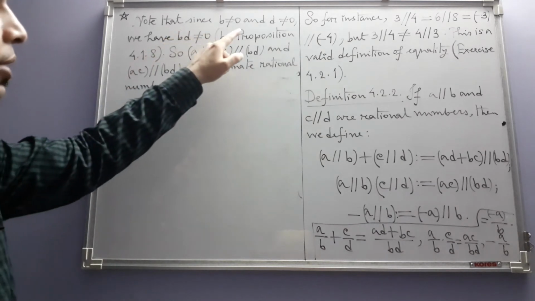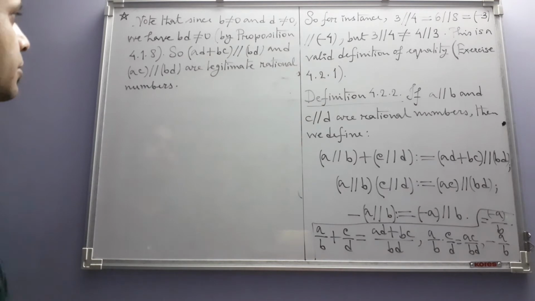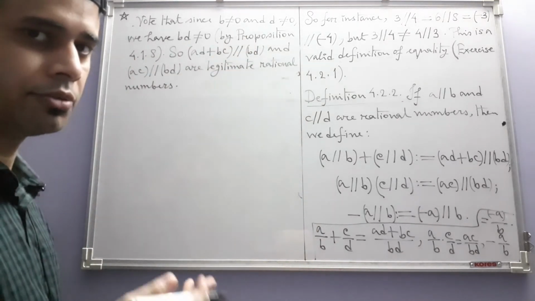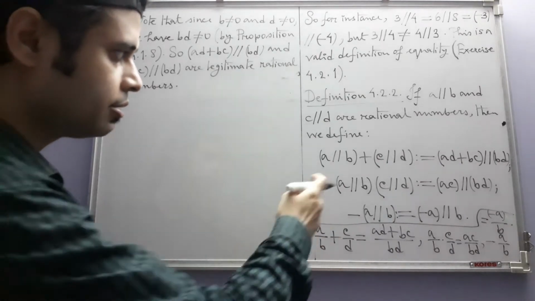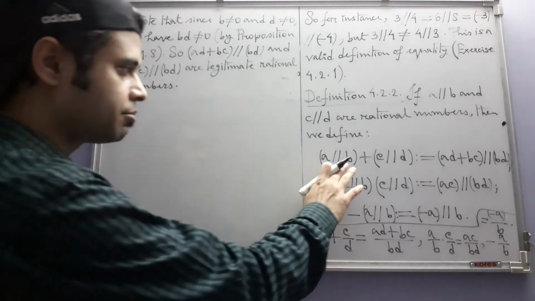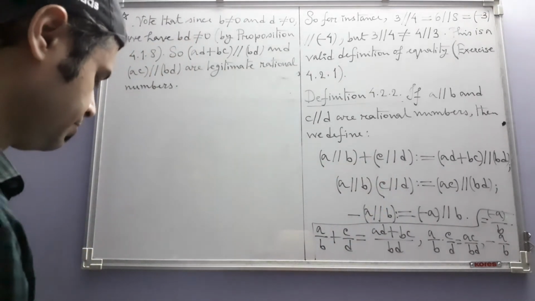That if we multiply two non-zero integers, then we are going to get a non-zero integer. So that proposition has been used here in an essential way, without which we cannot define rational numbers the way we have, namely where the second components always have to be non-zero integers.